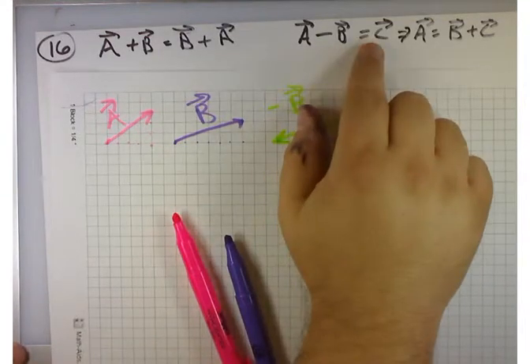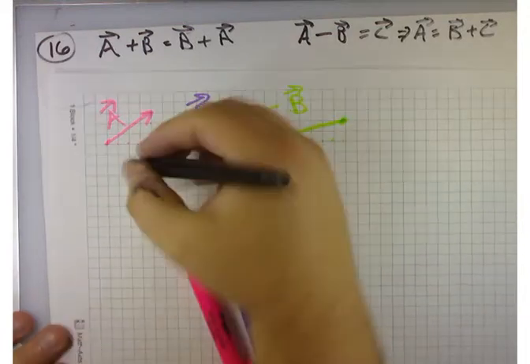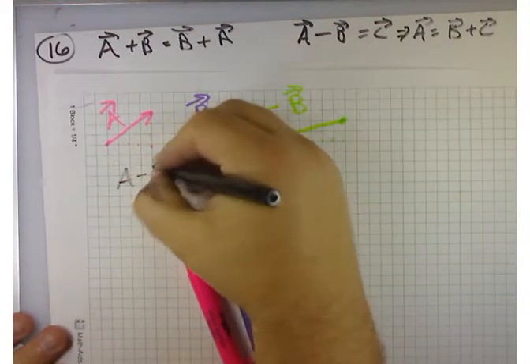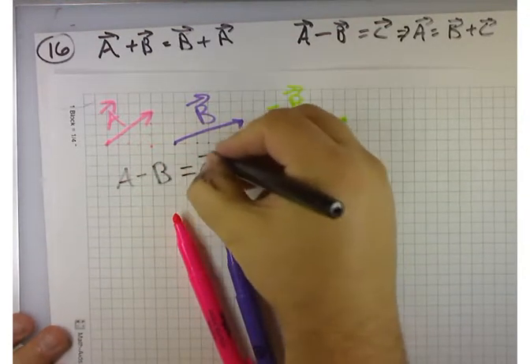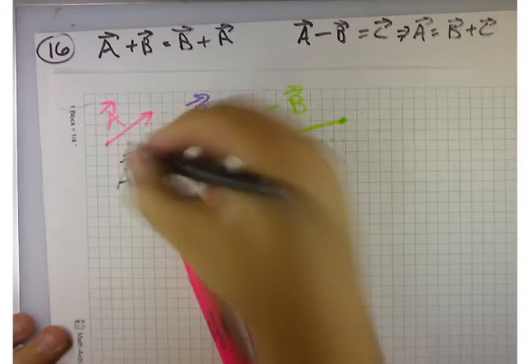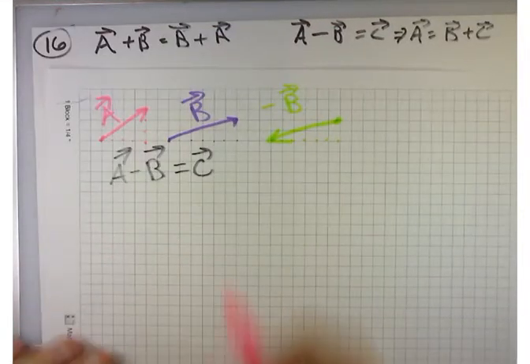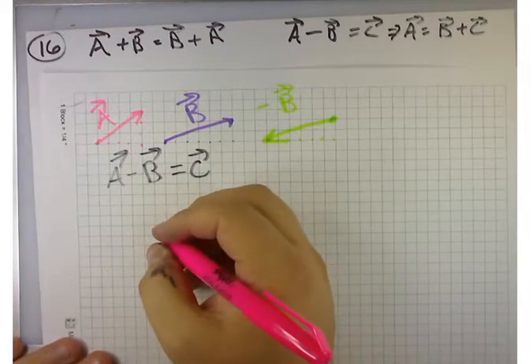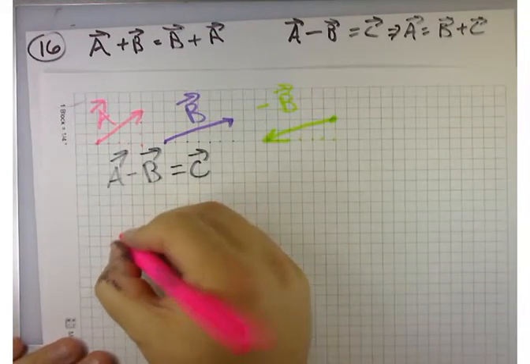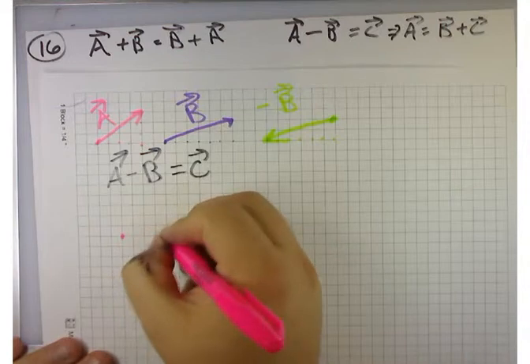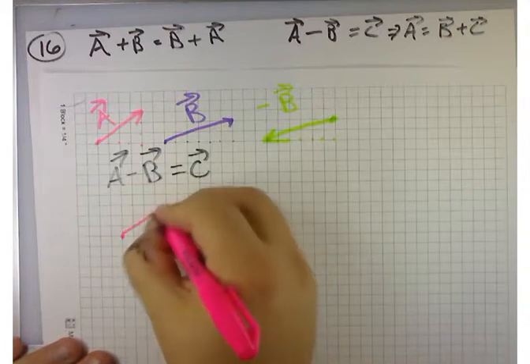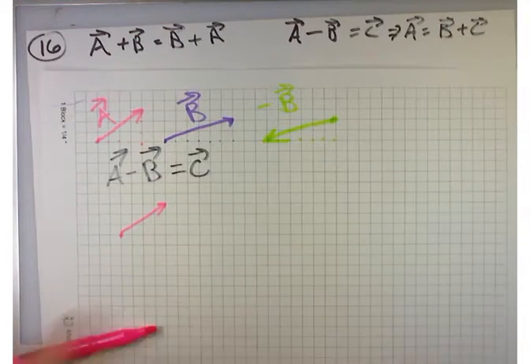So to find A minus B equals C, let's do that first. So if I say A minus B equals C, what do I need to draw first? I need to draw A, so I'm going to say 1, 2, 3, 4, up 3. Now what is minus B?